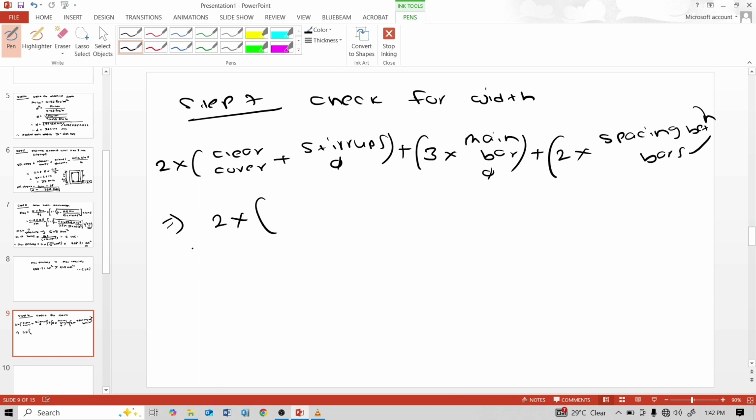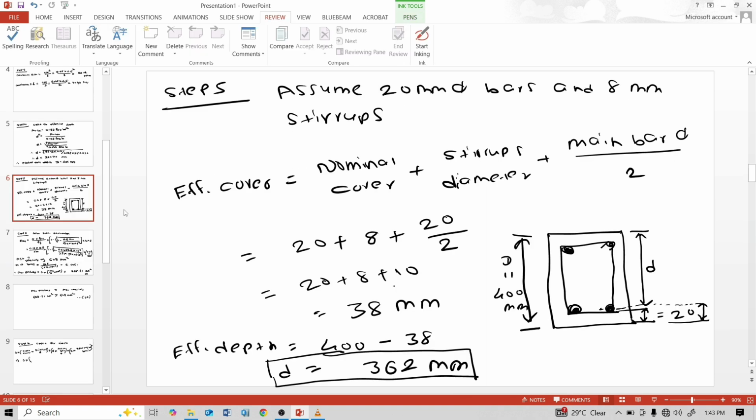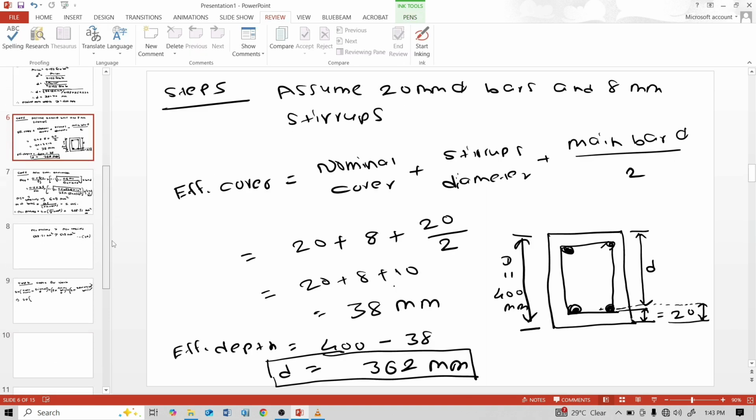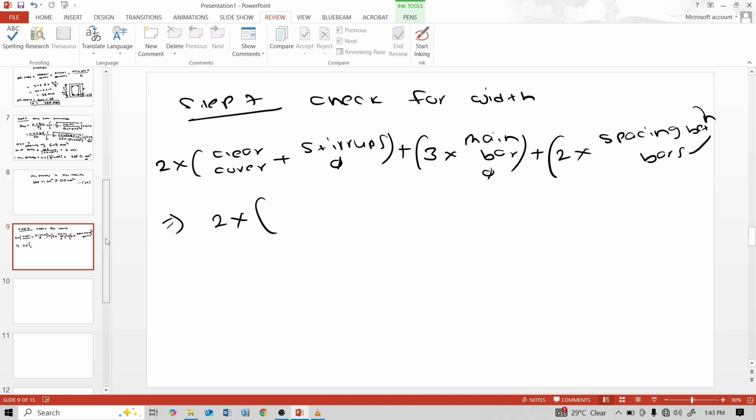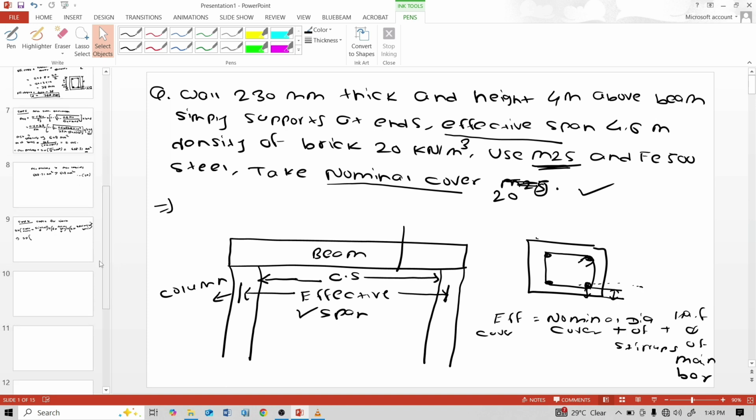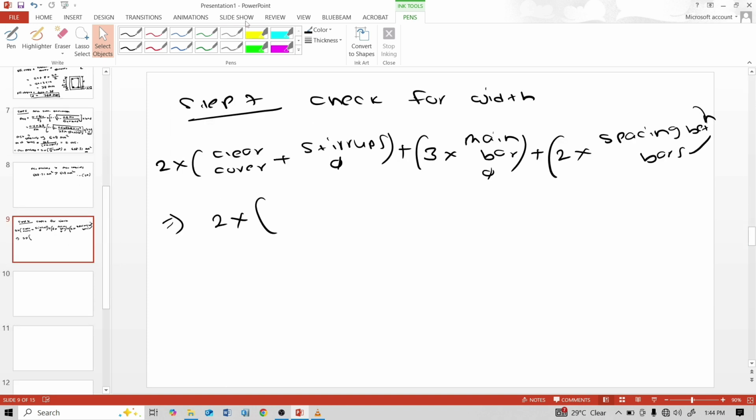Two into clear cover. One more term is there. Nominal cover and clear cover is same. So clear cover is 20 plus stirrups diameter 8 plus 3 into main bar diameter 20 plus 2 into spacing between bars.